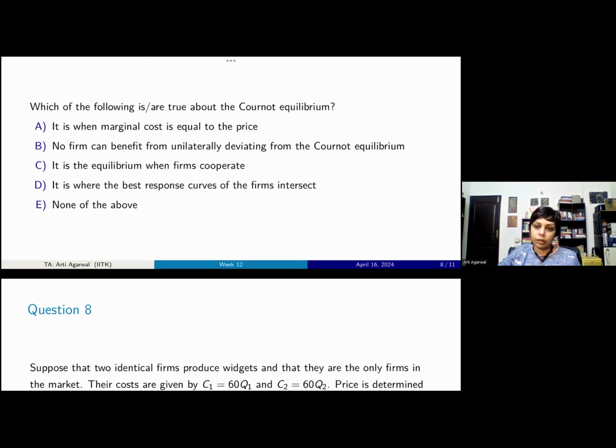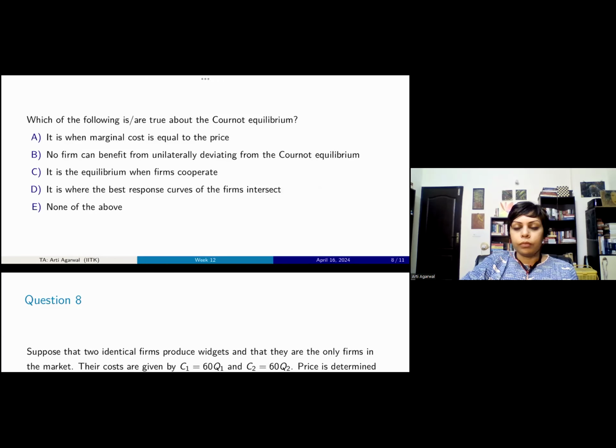They are competing with each other, but they have to come up with a strategy where they try to figure out how much they should produce based on what will be their revenue and profit, given a certain production level of the other firm. When I say given, I mean not given. In the Cournot case, the firms are checking what their response should be if the other firm were to produce a certain level.